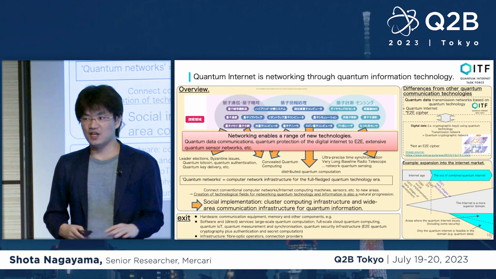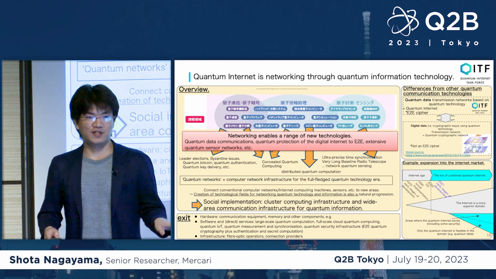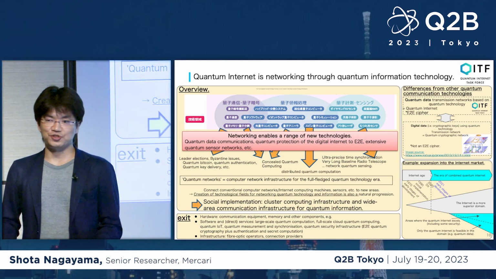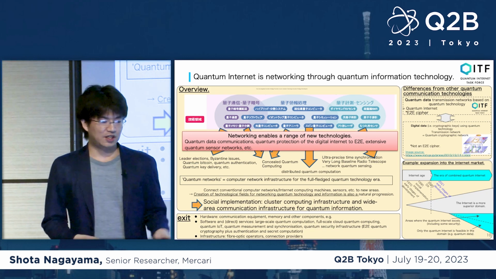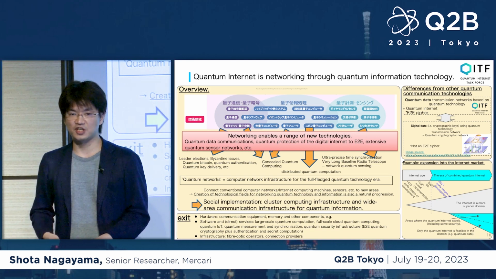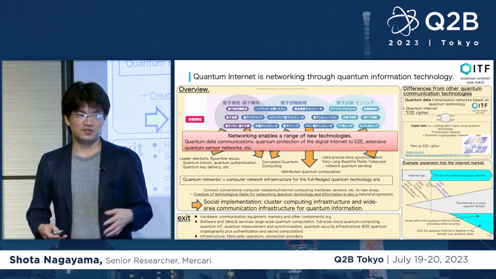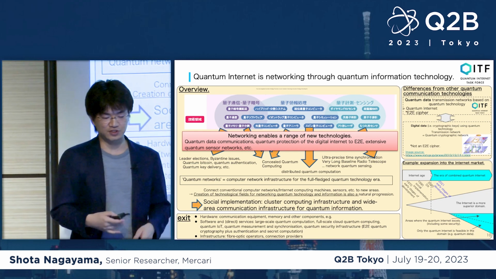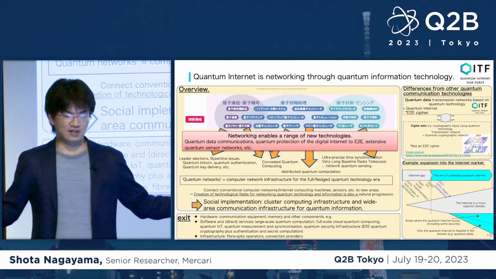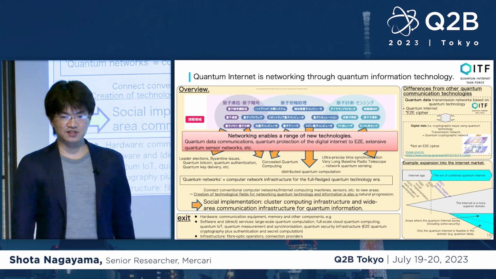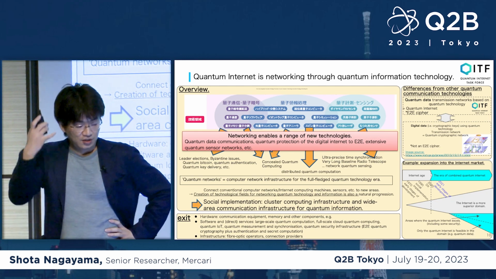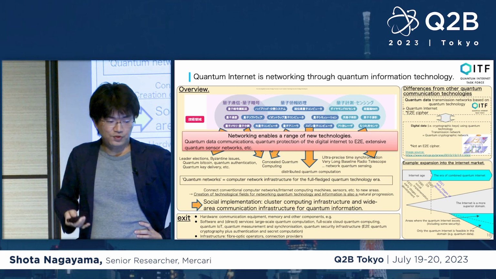Now, looking at the current world, we are connecting the digital internet, and the quantum internet is trying to emulate that. Quantum sensors can each be connected to transmit quantum data, or a quantum sensing network can be formed in other ways as well.